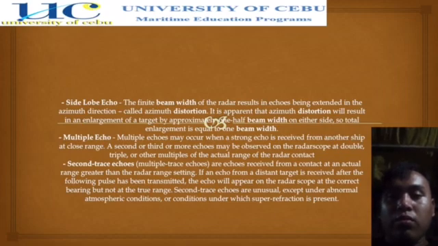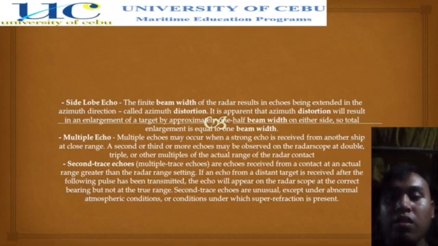Multiple echoes may occur when a strong echo is received from another ship at close range. A second, third, or more echoes may be observed on the radar scope, at double, triple, or other multiples of the actual range of the radar contact.